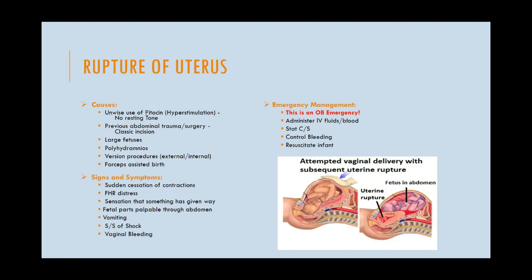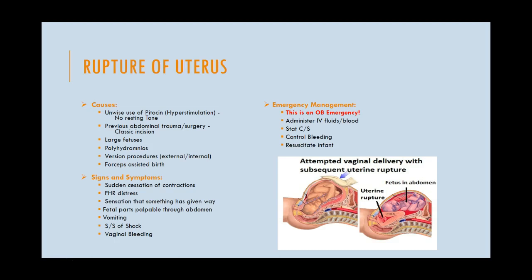A mom that has a large fetus in utero, some polyhydramnios, or other kind of procedures that the doctor may do, such as a version procedure. And that means basically trying to turn the baby one way or another while it's still in utero. And then forceps-assisted birth, we've already talked about that one.